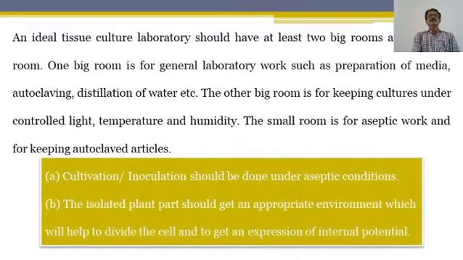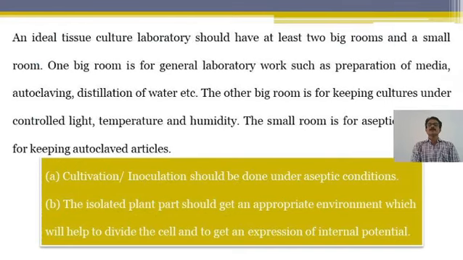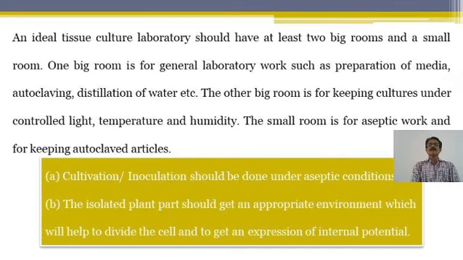In general, when we think about the plant tissue culture laboratory, it must have at least 3 rooms: 2 big rooms and 1 small room. One big room is for general working purposes.